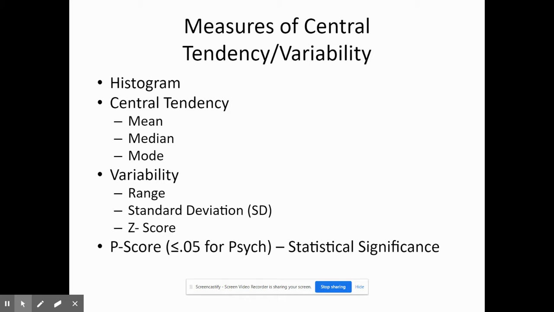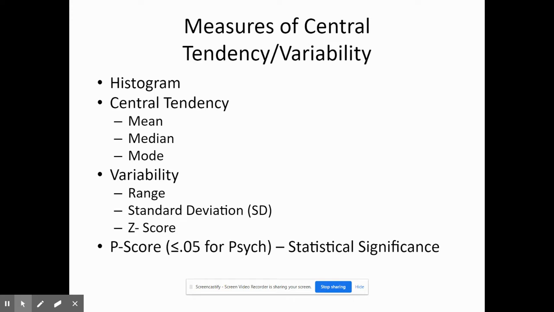You might have separate bars for each age group, but additionally, within those age groups, you may also have separate bars for men, women, maybe ethnic groups or things like that. So the histogram essentially is a bar graph that can have multiple bars for each part of the bar graph itself.